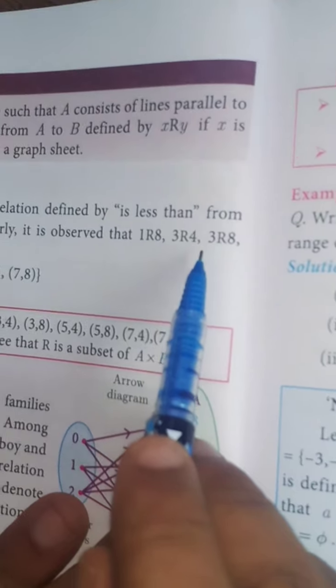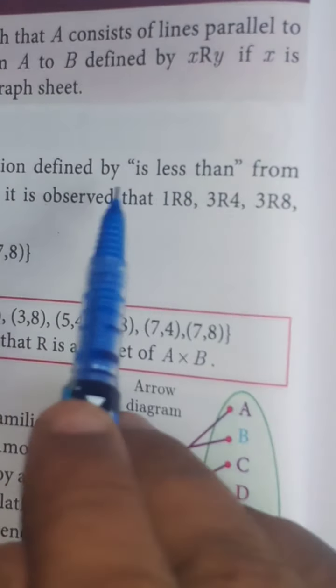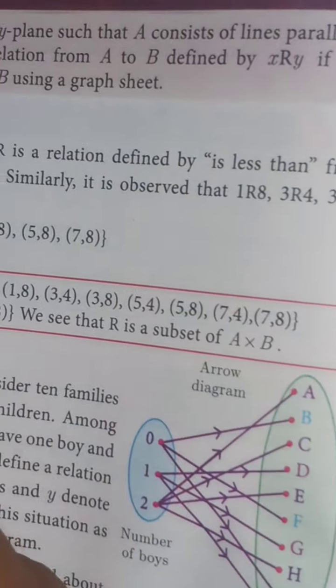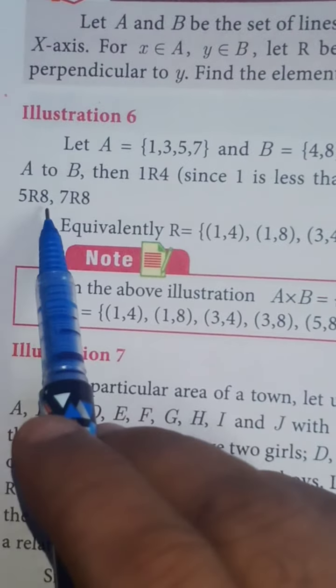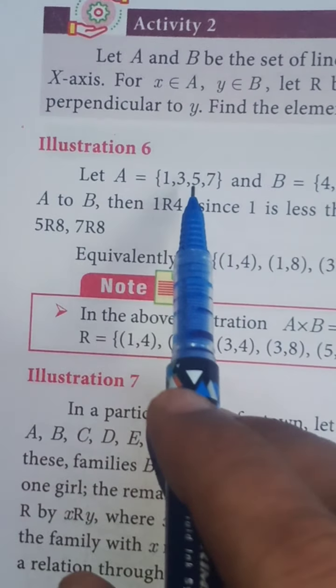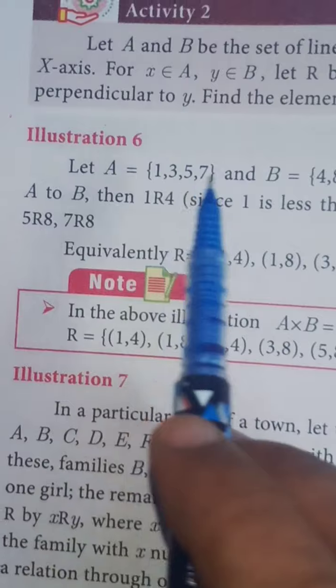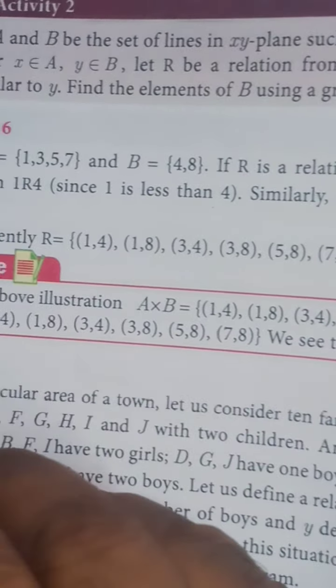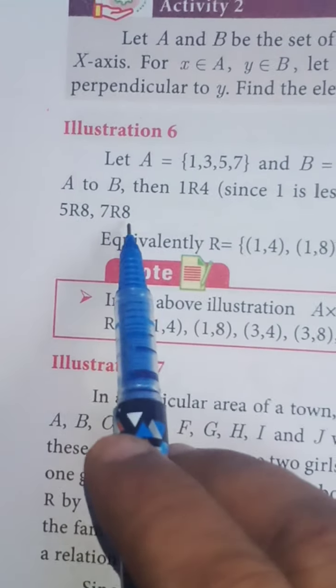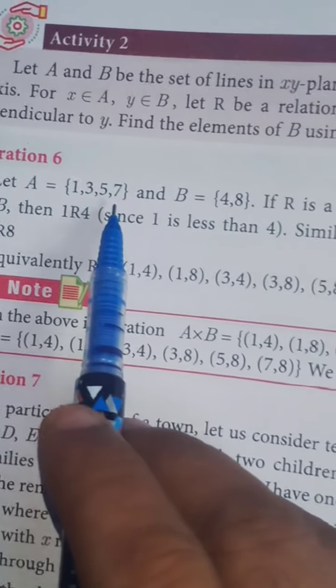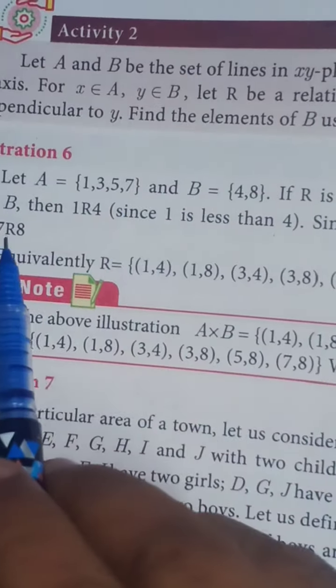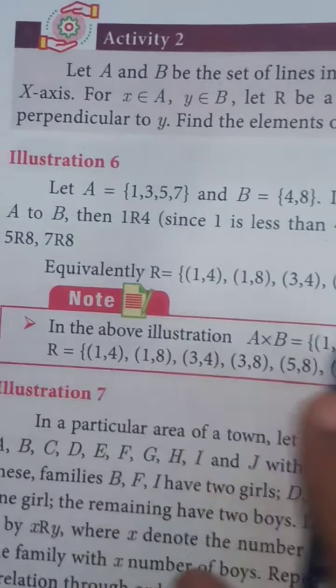3 is related to 8. That means 3 is less than 8 according to this rule. And 5 is related to 8. 5 has to be in the set A and 8 must be in the set B. Finally, 7 is related to 8. 7 is less than 8.